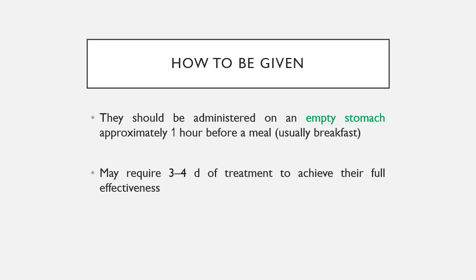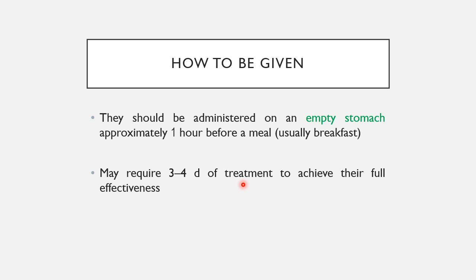They should be administered on an empty stomach because their bioavailability is decreased by around 50% by the presence of food. So they are given on an empty stomach approximately 1 hour before a meal, usually breakfast, so that the peak concentration of the drug coincides with the maximal activity of proton pump secretion.